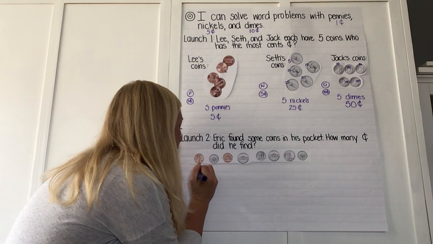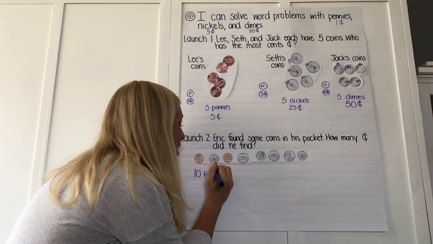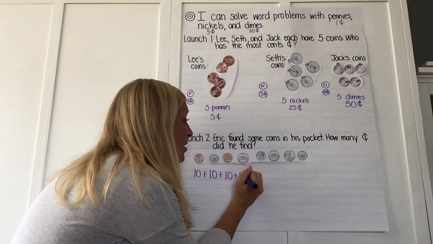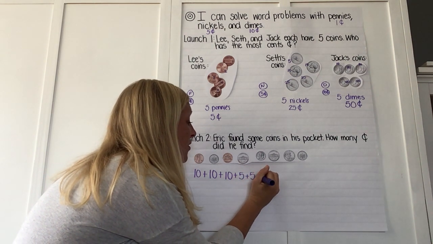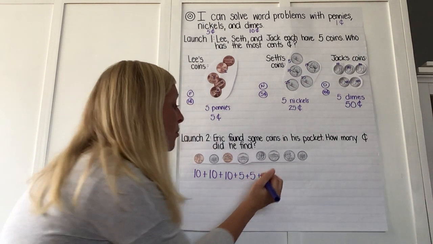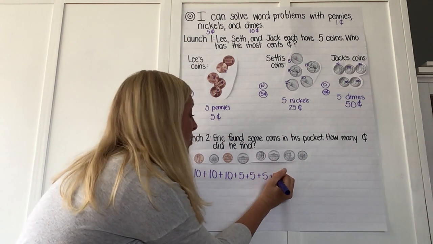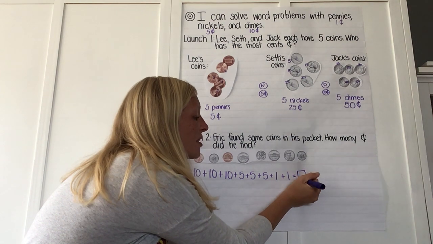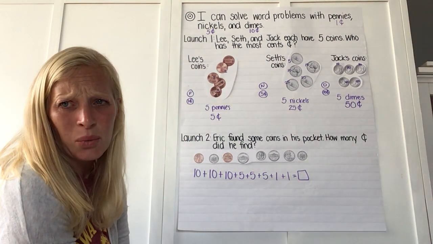Okay, so you did 10 plus 10 plus 10 plus 5 plus 5 plus 5 plus 1 plus 1. And how does that equation match this work?